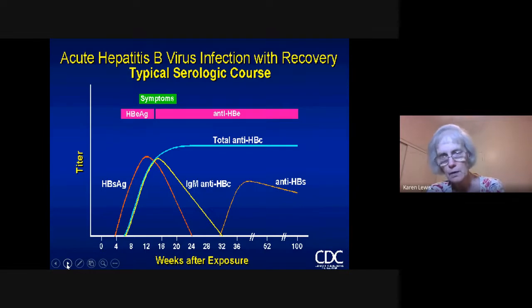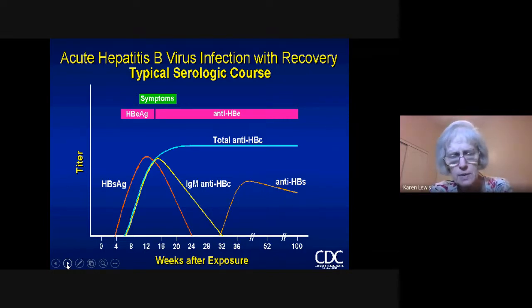Later on, once the surface antigen has cleared, you get the antibody to hepatitis B surface antigen. So you want to test for presence of hepatitis B surface antigen because someone's having symptoms.